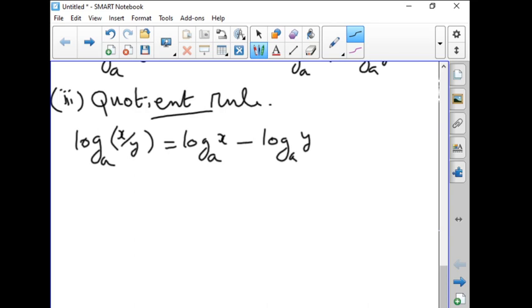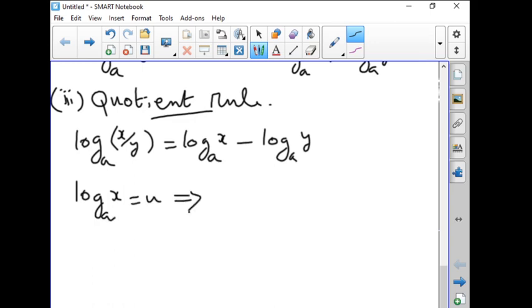So, this is called the quotient rule. Same as the previous one, what we have taken: log x to the base a is equal to u.